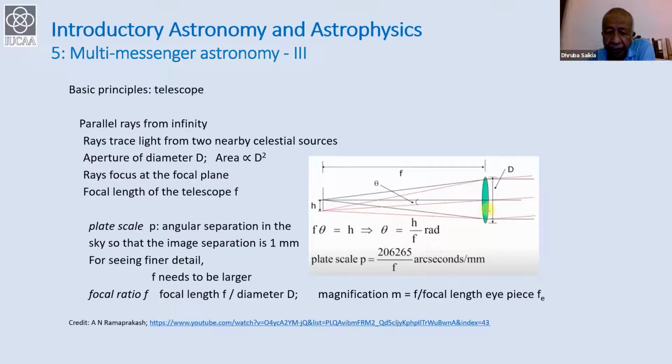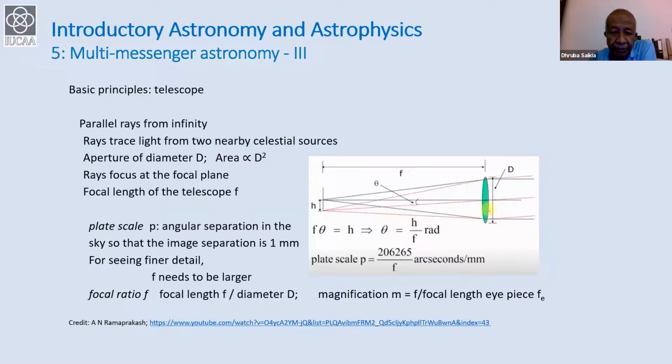So in 1 millimeter of separation, what is the arc second separation that you will be able to perceive in the sky? You can see that once you increase f, your resolution is going to get better. You'll be able to resolve sources at smaller separations in the sky.